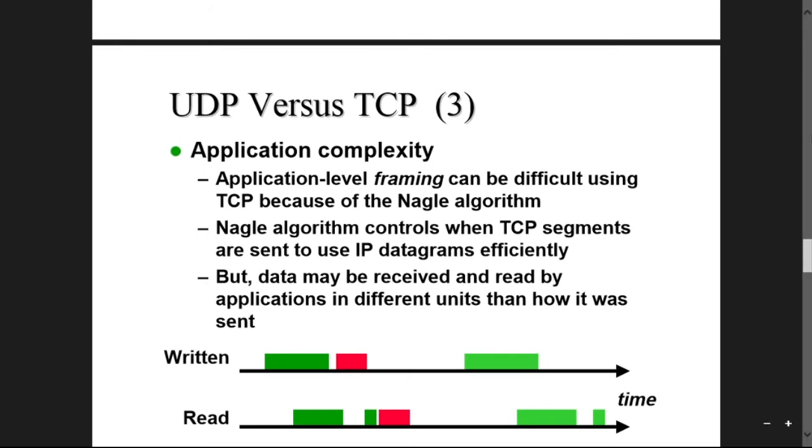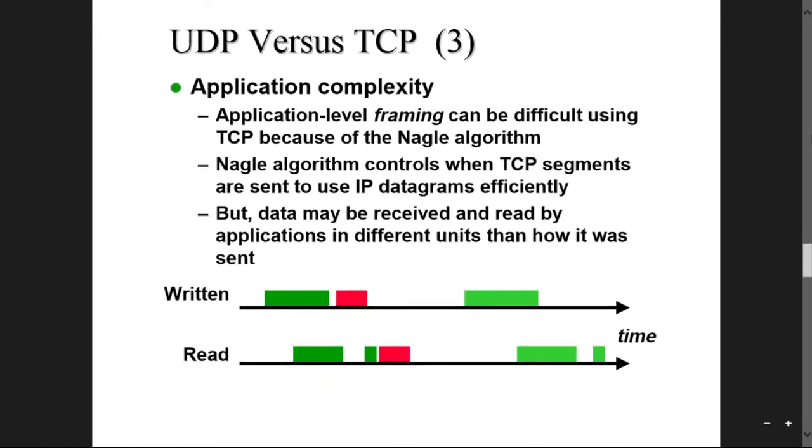But data may be received and read by applications in different units than how it was sent. Suppose it is sent in one pattern, it can be read in some other way. It depends on the application present at the receiver end. So this is the application complexity.